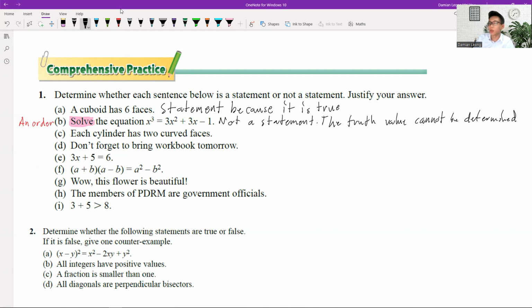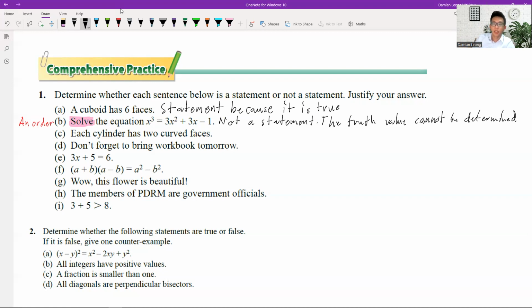When someone tells you, oh, pass me the bottle of water, you can't say it is false. It is true, doesn't make sense. So an order, a command, a request, all these cannot be statements because you can never say it's true, you can never say it's false.